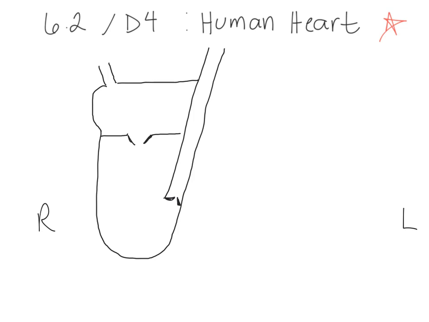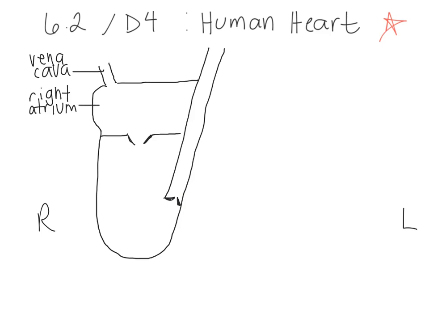All right, so time to do some labeling here on this side of the heart. This is the vena cava, and the vena cava is going to bring blood in from all over the body, deoxygenated blood returning to the heart. This is the right atrium. That receives that blood.